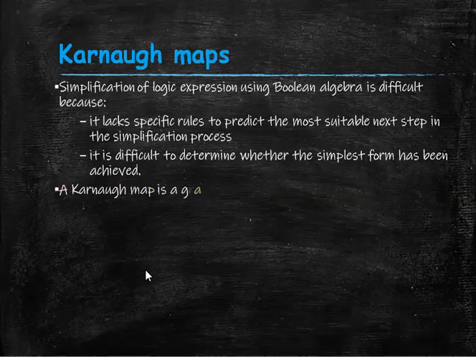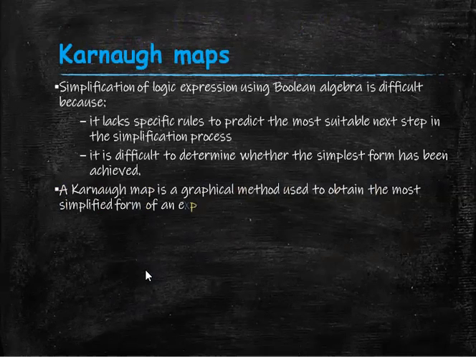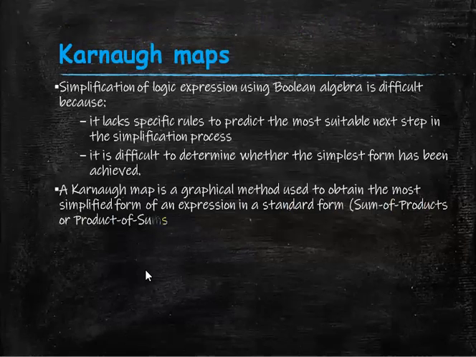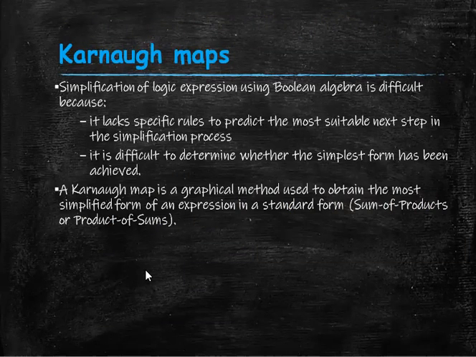Karnaugh map is a graphical method used to obtain the most simplified form of a logic expression. The logic expression may be in SOP, that is sum of product form, or in the product of sum form.